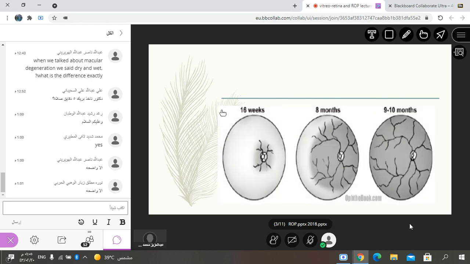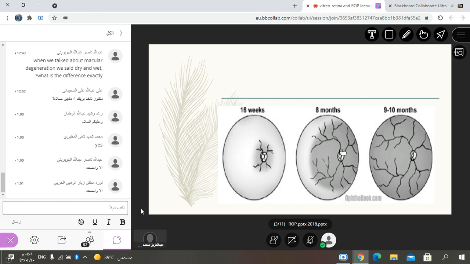This is the normal vasculogenesis for babies. At 16 weeks, the central retinal artery, which comes from the ophthalmic artery, reaches the optic nerve and initially the area around it. The rest of the retina is white and does not have any vessels.